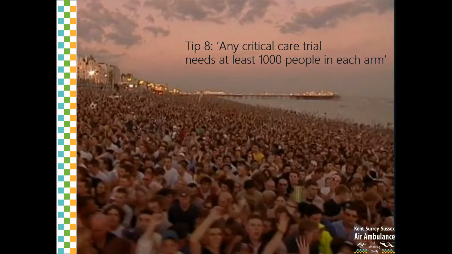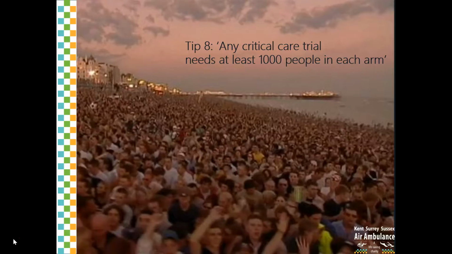Any critical care trial needs at least 1,000 people in each arm. I know this might unsettle some of the statisticians out there, but let me explain. This goes back to what Kev Fong was saying in the foreword of the book. In modern medicine, we should never really expect massive drops in mortality or massive changes in outcome from any new intervention.